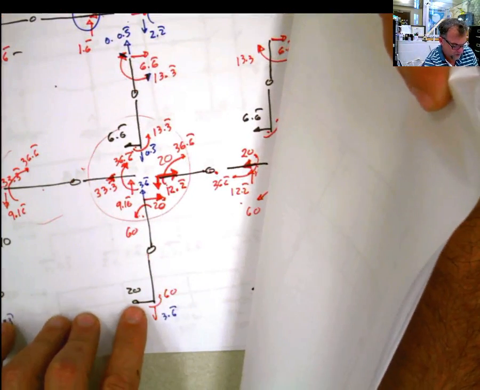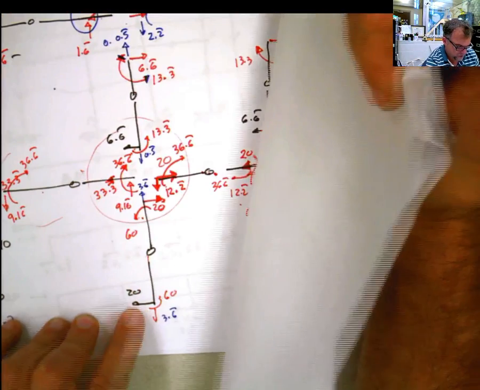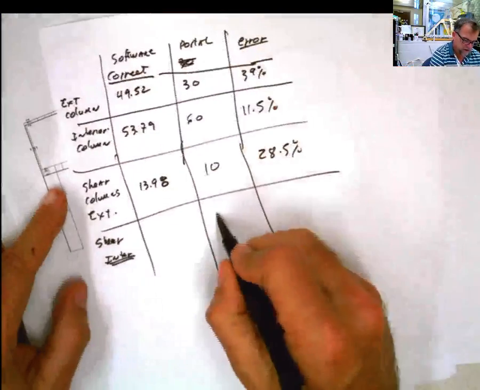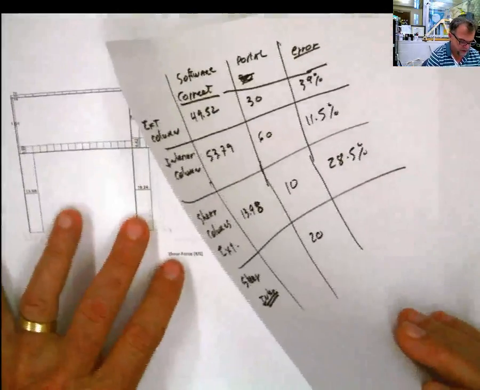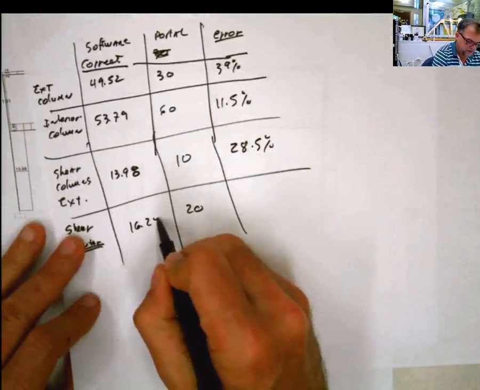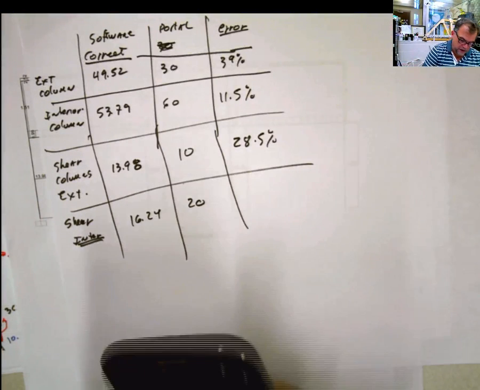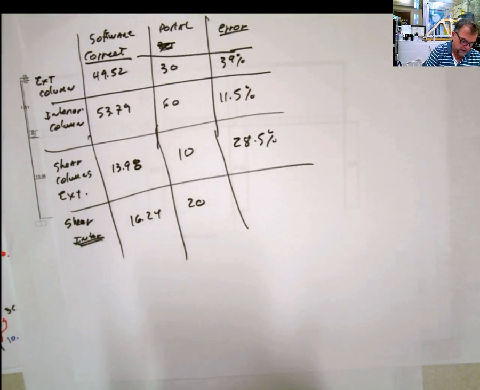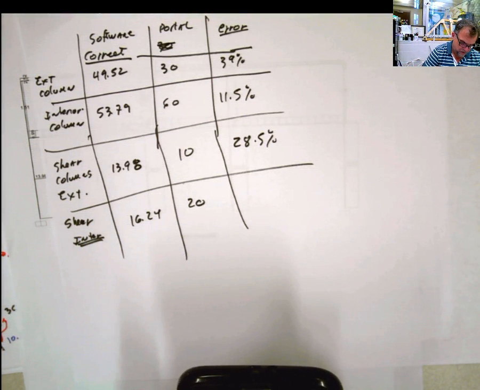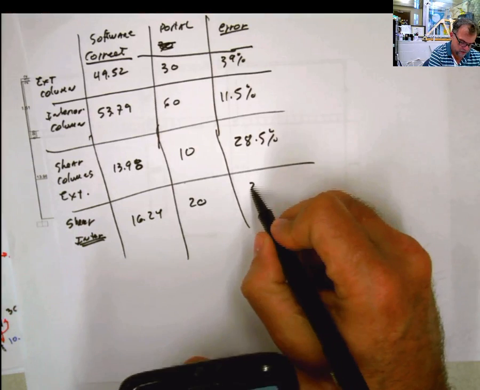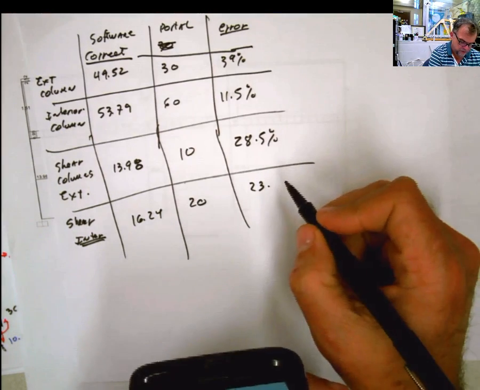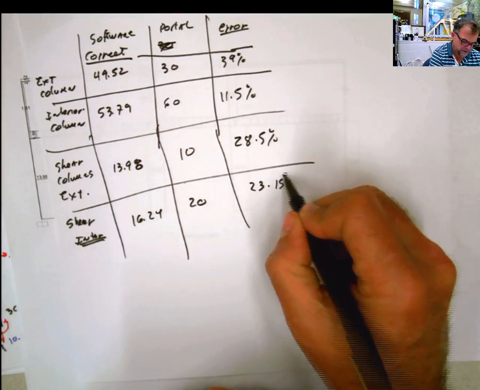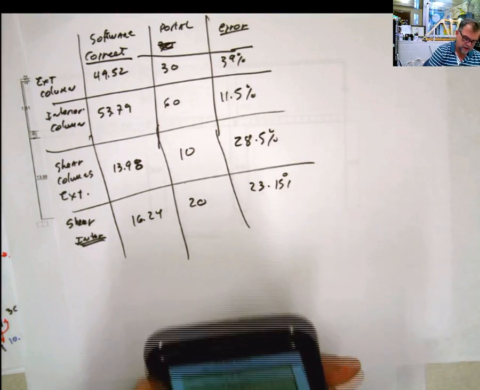This one, for example, we have 20, and the software has 16.24, meaning our error is gonna be like half of the other one, maybe. 3.76 divided by 16.24, that's 23.15, no half, but yeah, 23%. Now, what about the axial?